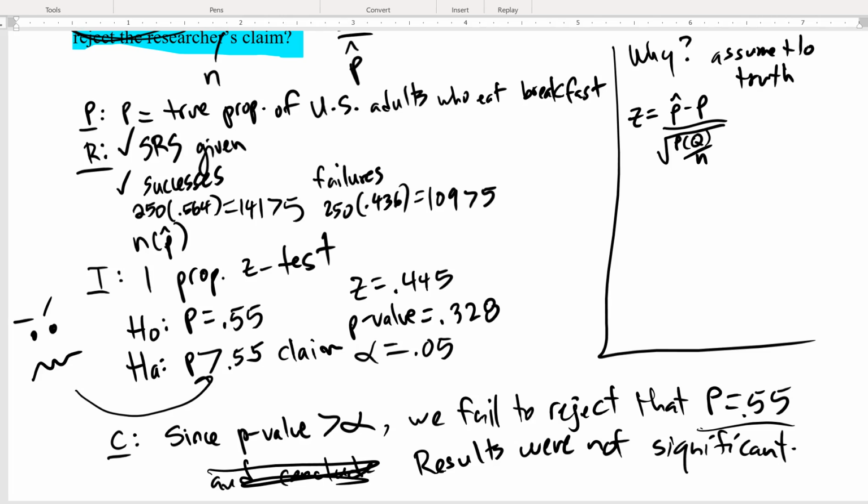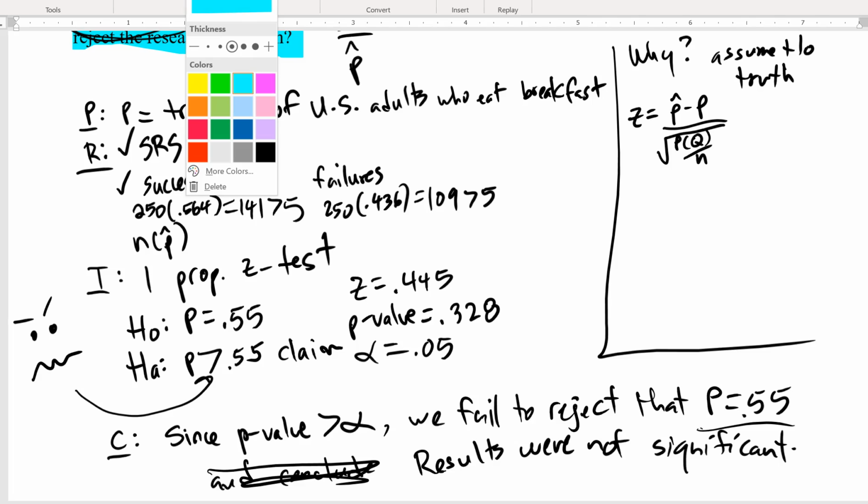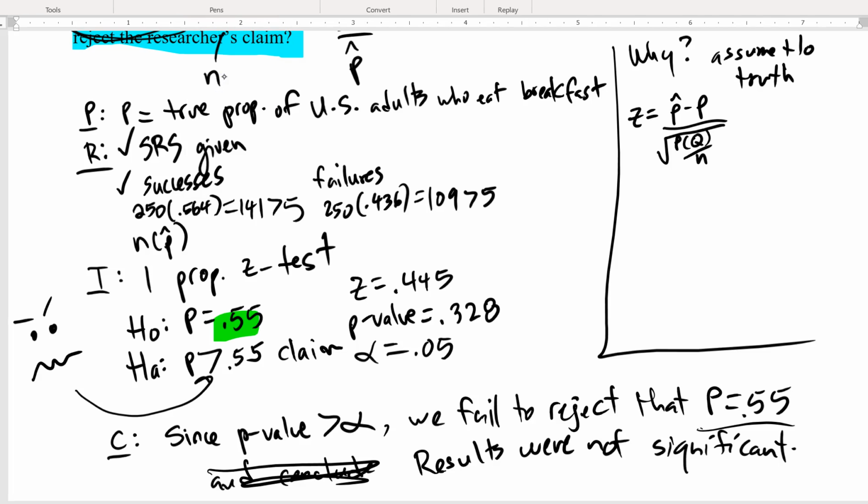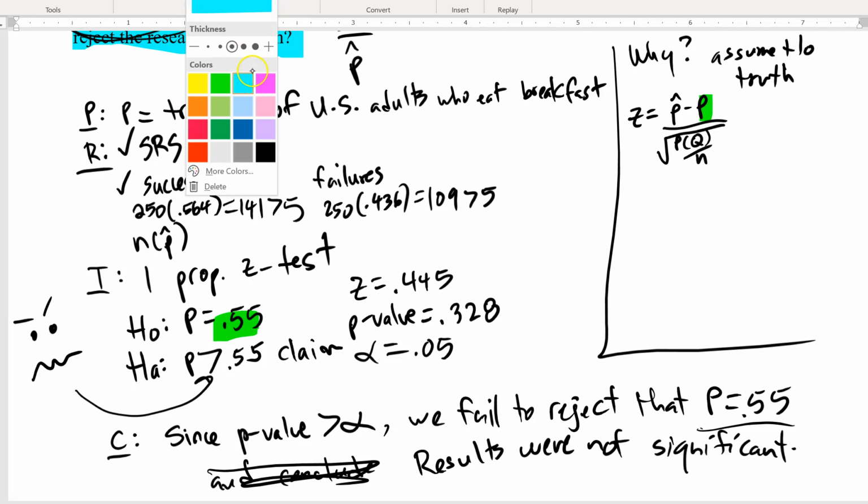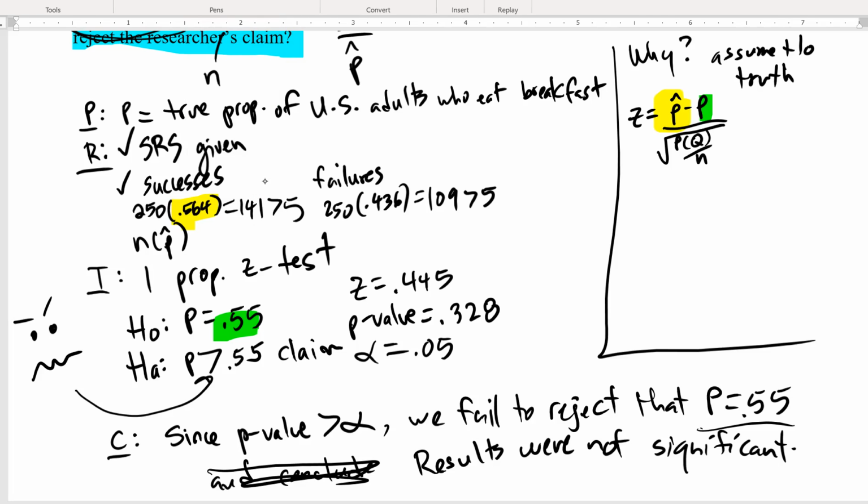Well, if we assume this 0.55 is the truth, then that 0.55 goes right here as the truth. What's the p-hat? Well, that's the actual result that we got. That's that 0.564.